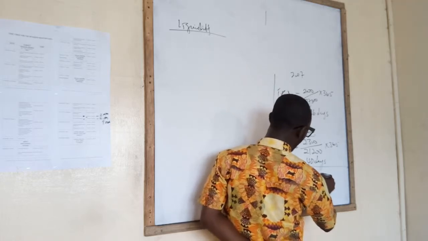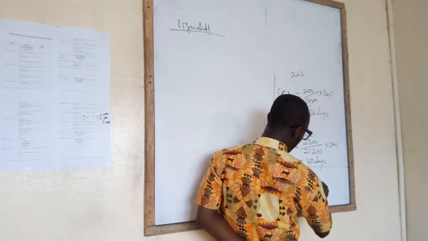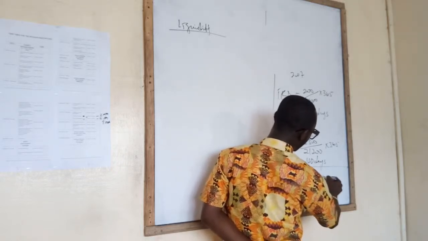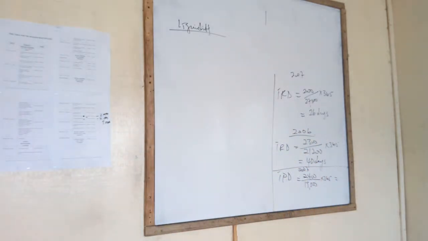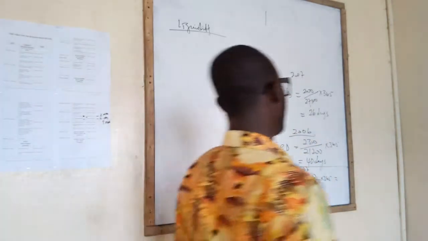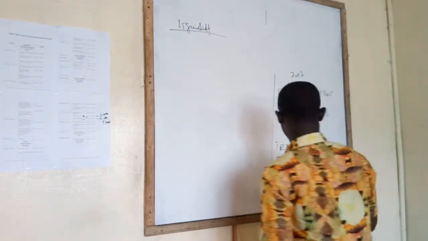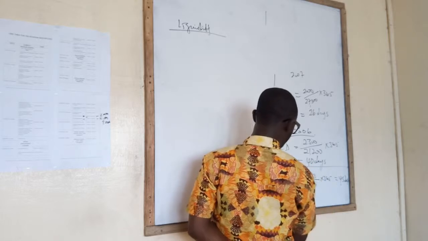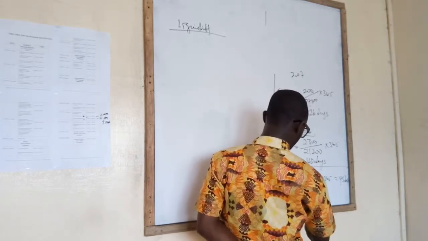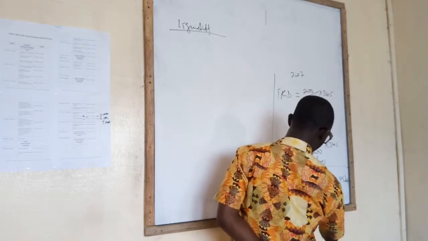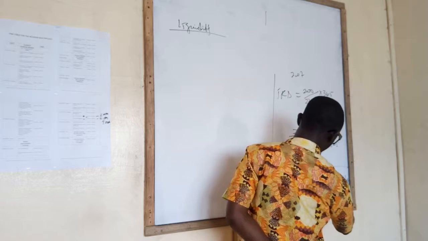2,400 over cost of sales, 19, times 365. That is 45 days. Then trade payable days still but for 2006: 2,800 over 15,000 times 365.